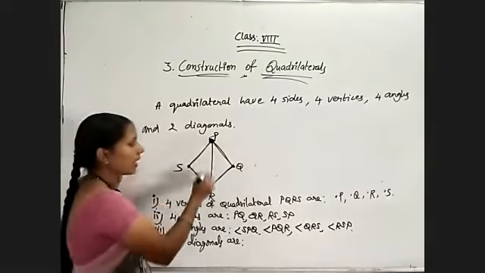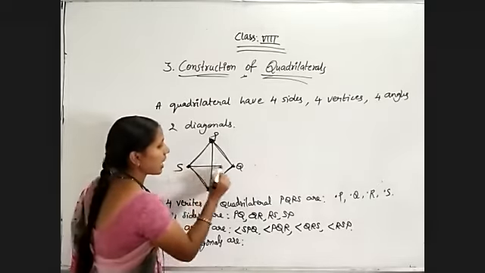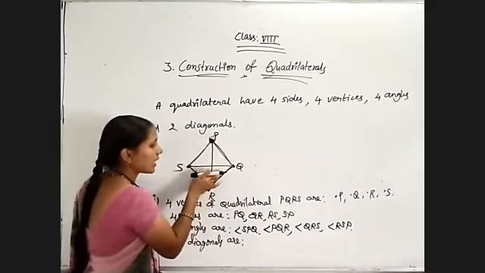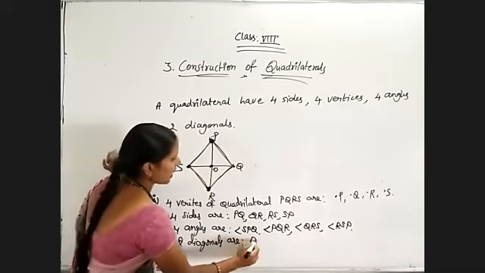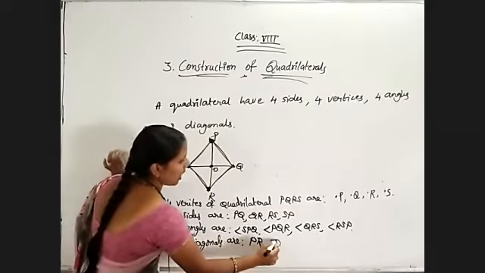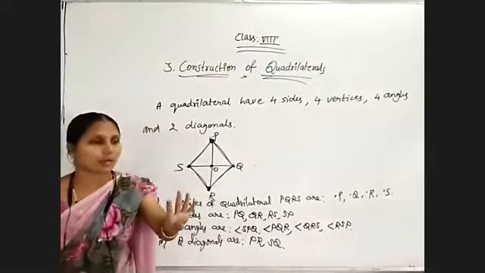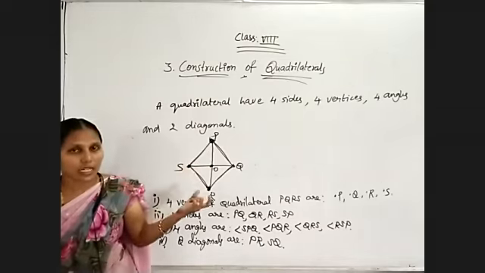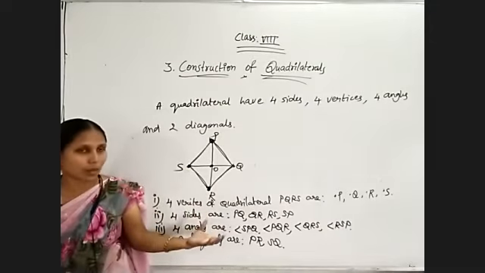So P and R are the opposite points, and Q and S are the opposite vertices. That's why PR and SQ both are diagonals. These are the four different parts of a quadrilateral: four sides, four vertices, four angles, and two diagonals. Okay, these are the properties.